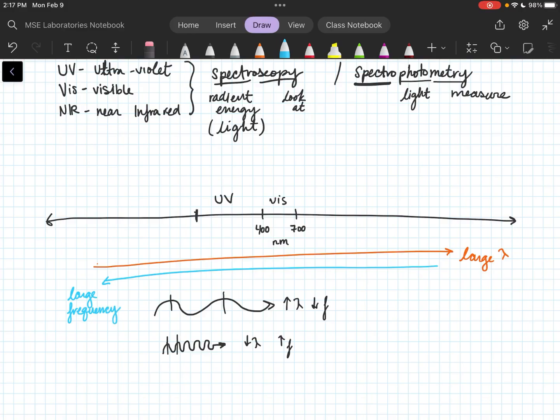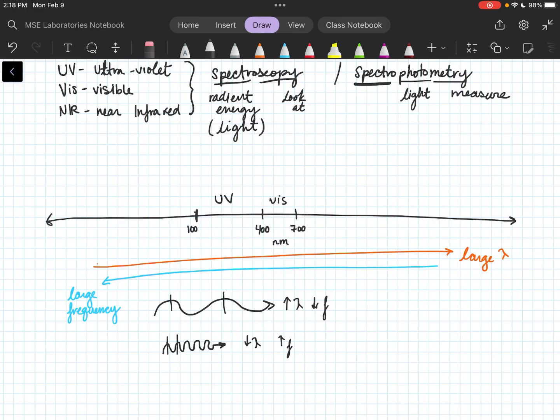So they're backwards of each other. And you can do in terms of wavelength, or you can do in terms of frequency. I'm going to keep talking in terms of wavelength, because a UV-Vis spectrophotometer is going to measure wavelength, not frequency. So that's the unit that the instrument's going to use, so that's the unit I'm going to use here.